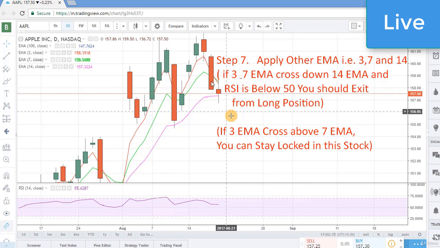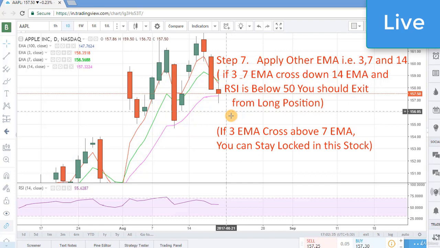So it has already crossed the green one, and if tomorrow on 21st August 2017, this red moving average also crosses down the pink one, which is the slowest one which we have, the 14-day moving average, and the green one also crosses down the pink one, and the last thing, RSI is below the 50 level, at that time you should exit from the long position which you may hold.